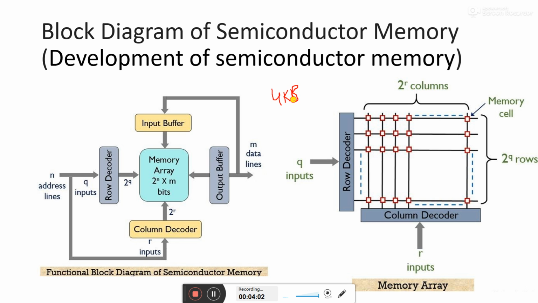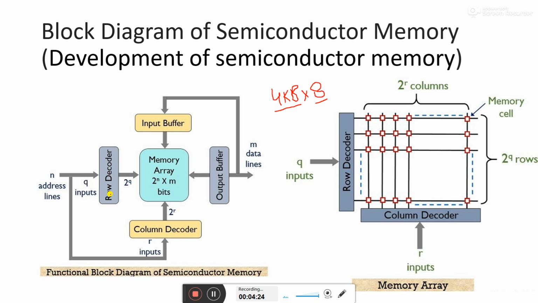So that is the capacity of the memory, and this is the number of data lines, right? So 8 means 1 byte of data can be accessed from 4 kilobyte of memory. It may be 16, it may be 32, it may be 64.